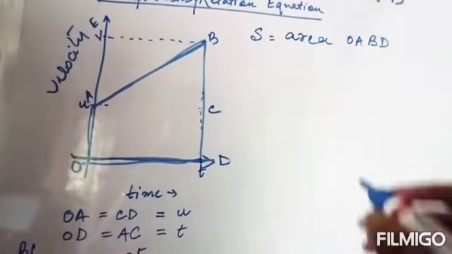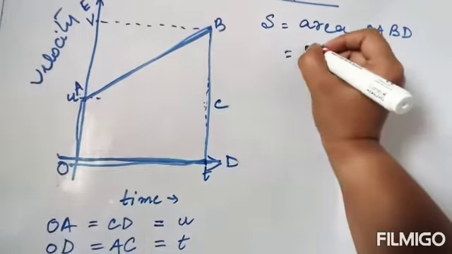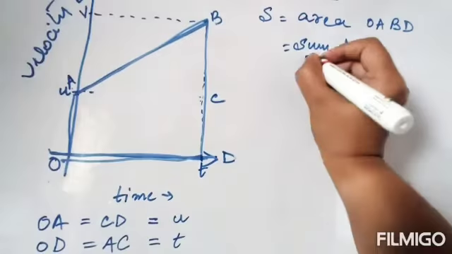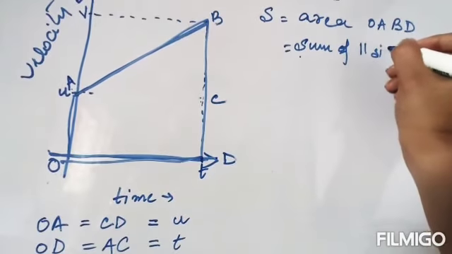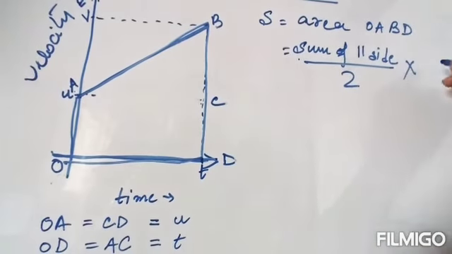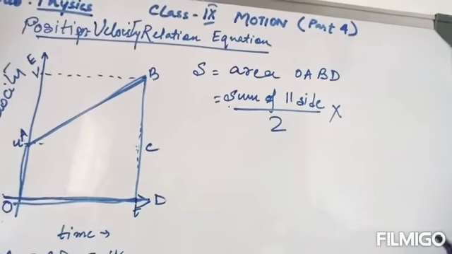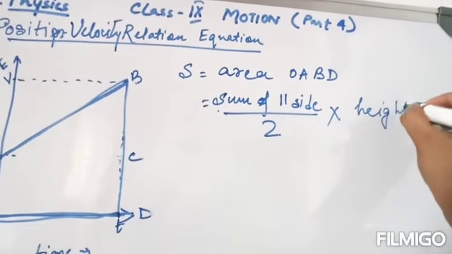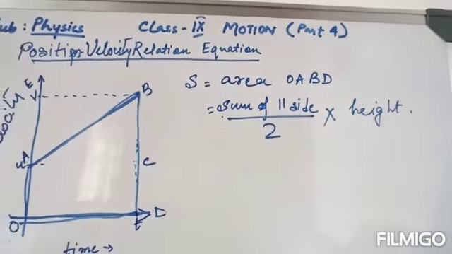Now what is area of a trapezium? We know that sum of the parallel sides by 2 into the height.